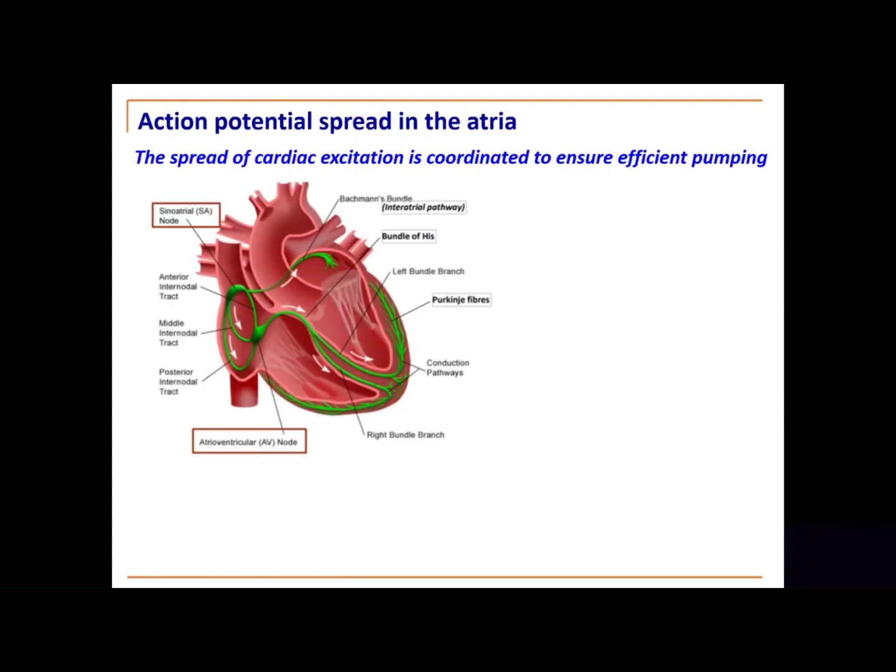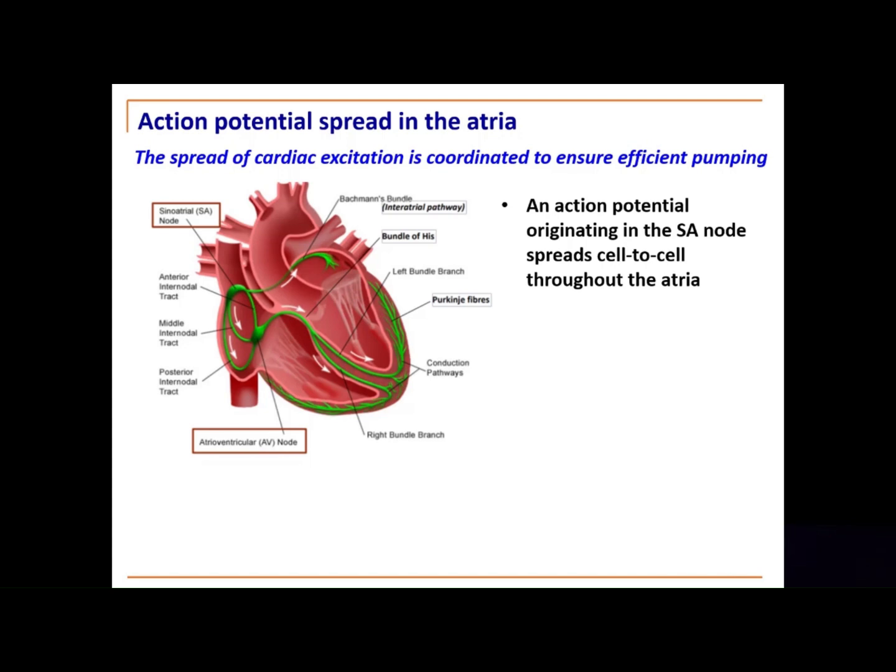And so, like I said, the spread of the cardiac excitation starts at the SA node in the right atria, spreads throughout the atria, into the left atria and the right atria, and spreads cell to cell from myocyte to myocyte. Whilst it starts in specialized autorhythmic cells in the SA node, it spreads throughout the atria from myocyte to myocyte.